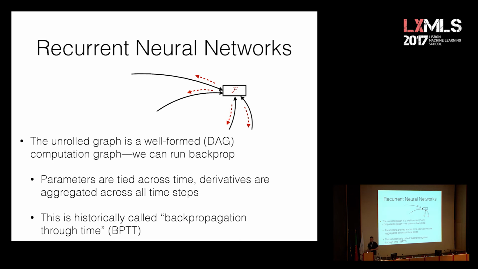And I want to note a couple of things. So first, the parameters that we're using at every time step are the same parameters. So that W that we had in the recurrent neural network is the same W whether we're at the start of the sequence or at the end of the sequence. Now, you could actually imagine having different W's at the beginning or at the end of the sequence. But then you wouldn't have a recurrent neural network.